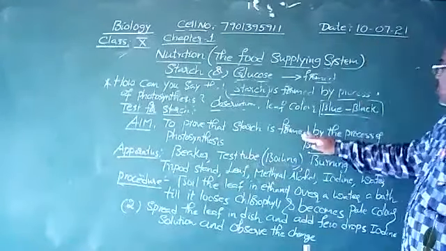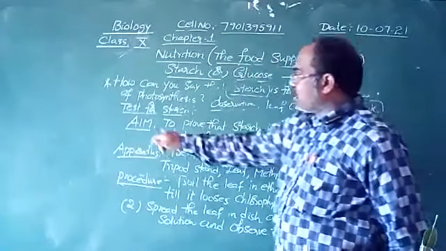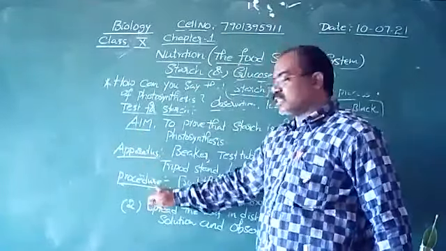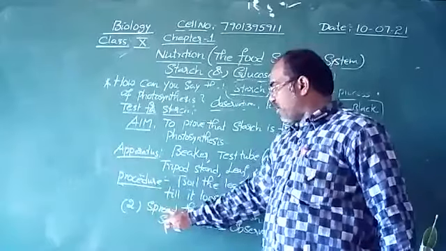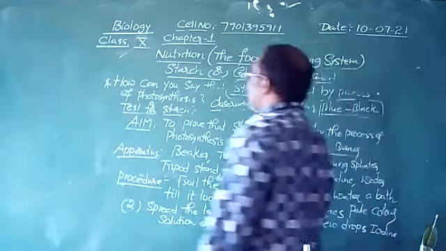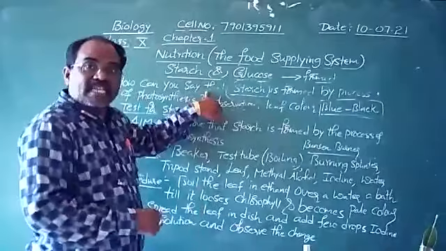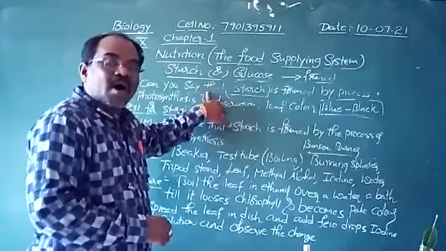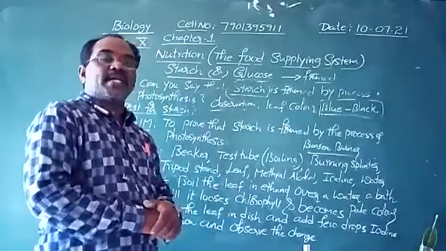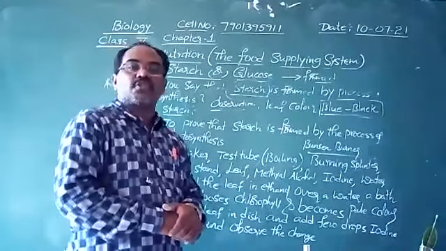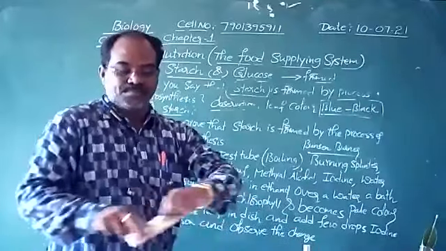To prove this, write the experiment structure: aim, apparatus, procedure, rough diagram, observation, and inference. Inference: this experiment indicates that starch is formed by the process of photosynthesis. Write down all of it.